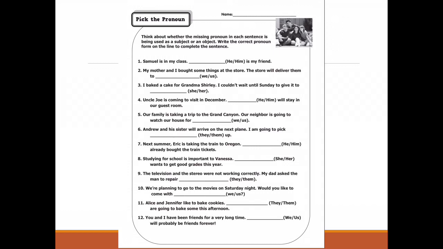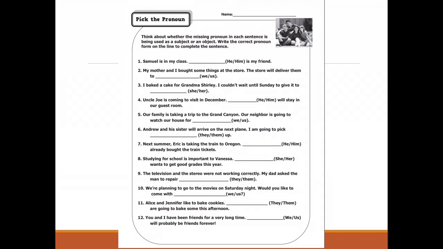Let's see the first example. Samuel is in my class. Which pronoun do we have to use? He or him? Yes, he is my friend. So in the classwork, you will put Samuel is in my class. He is my friend. That way you will correct and complete each sentence.